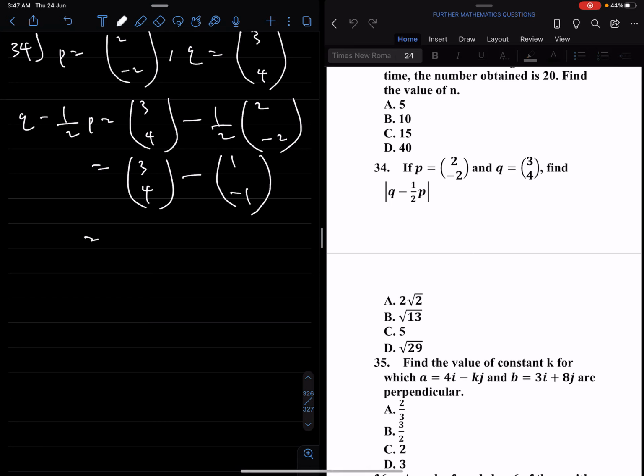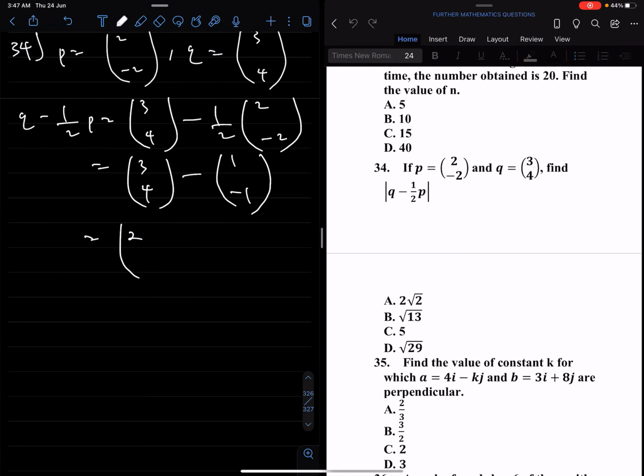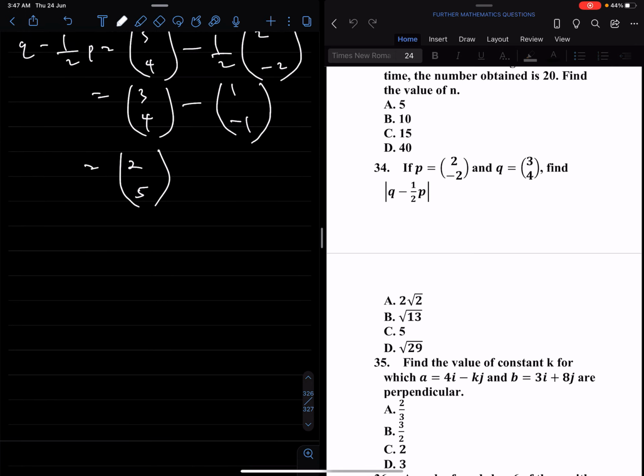So that simply means 3 minus 1 is 2. We subtract corresponding elements: 4 minus minus 1 is 4 plus 1, which is 5. So the magnitude of the vector Q minus half P is the square root of 2 squared plus 5 squared, which is the square root of 29. So we go to the next, which is number 35.